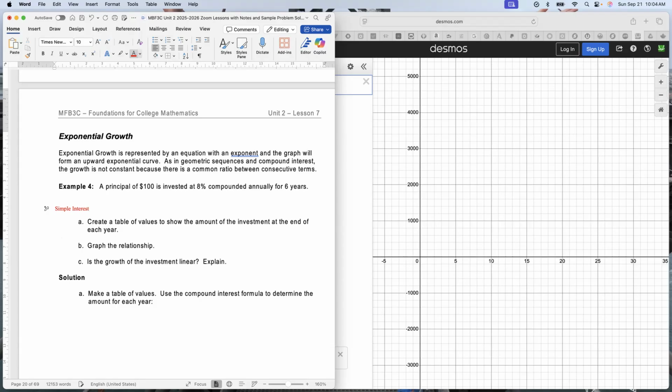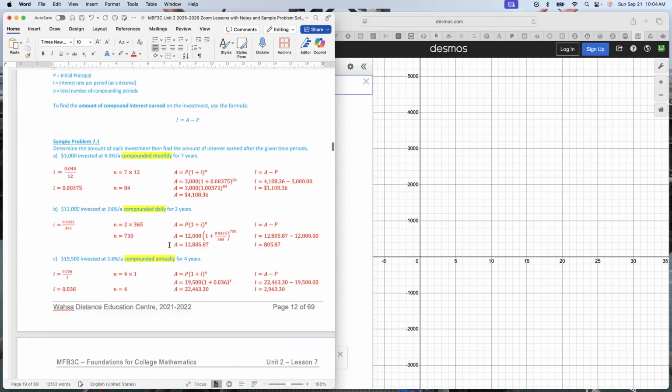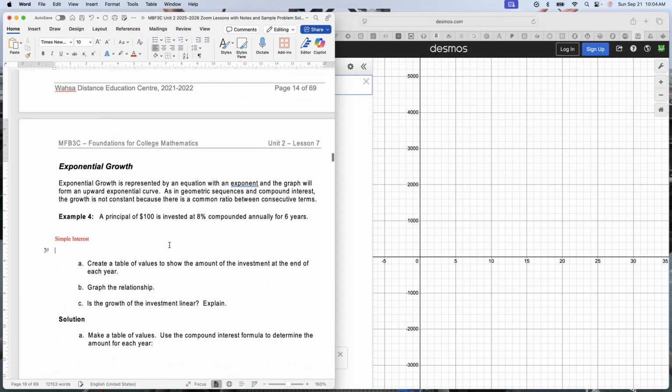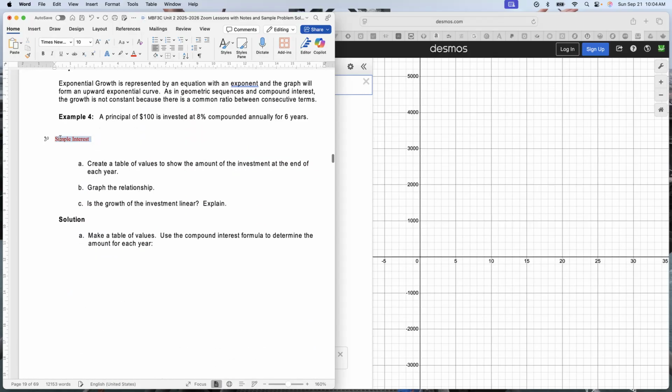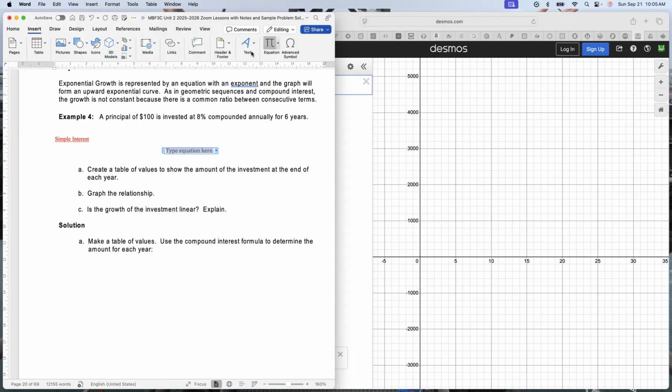So, simple interest. The formula is the amount at the end, A. I'll just insert an equation here and put it on the left-hand side.